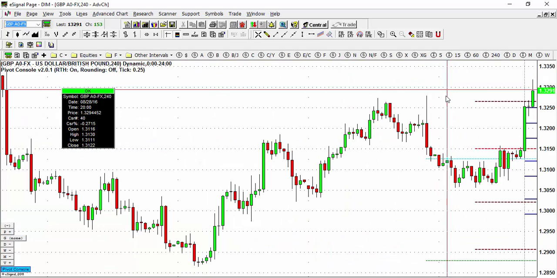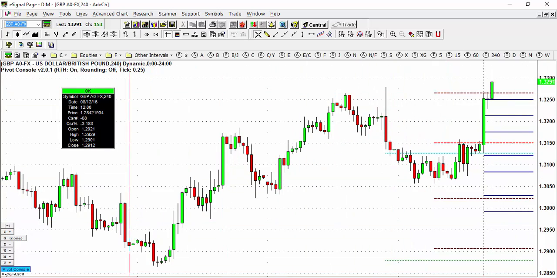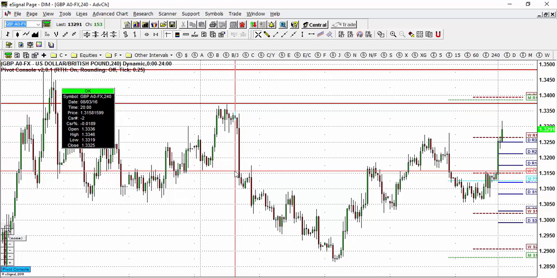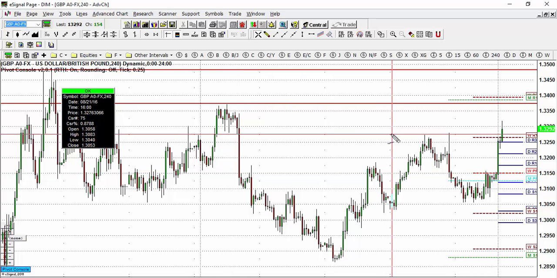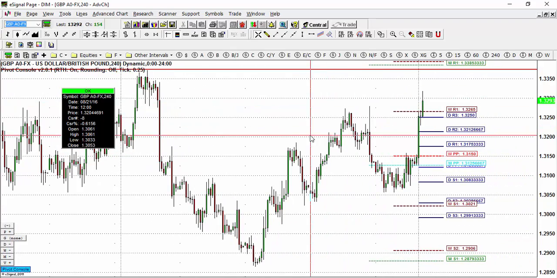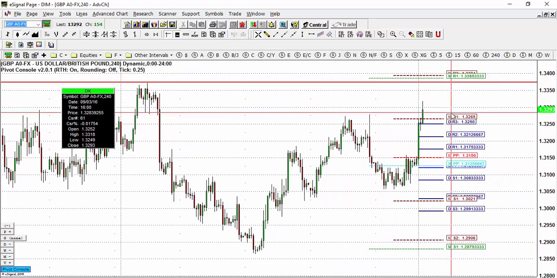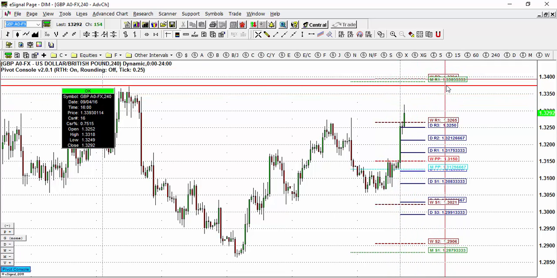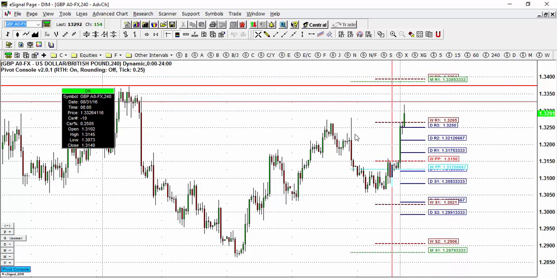Let's go down to the 4-hour chart and see what exactly is happening here. Now, as you can see, this first swing high level is the swing high here, denoted by the red line. Let me just drag the chart over a little bit. This coincides with the monthly R1 at 133.85 and the weekly R2 at 134.04.